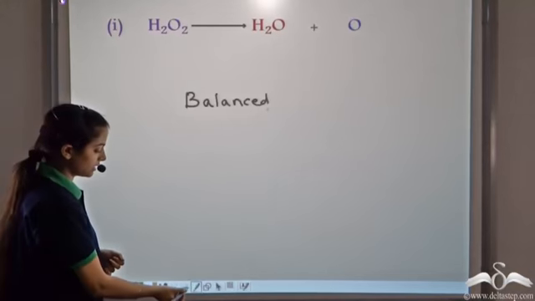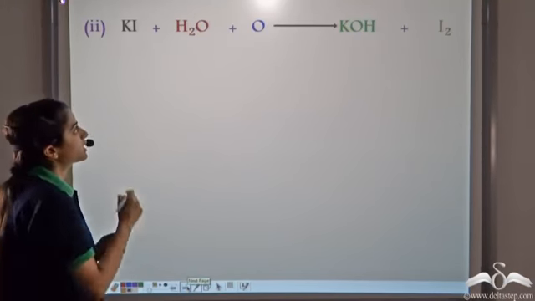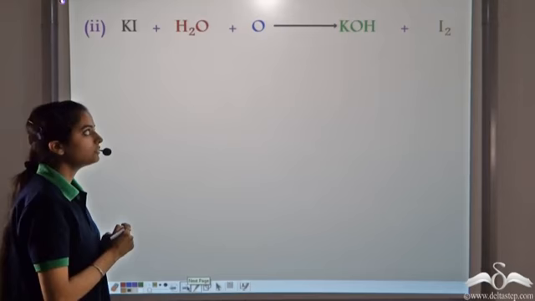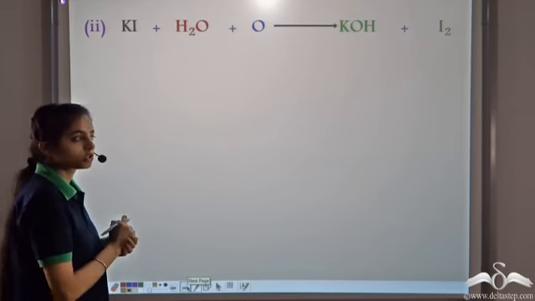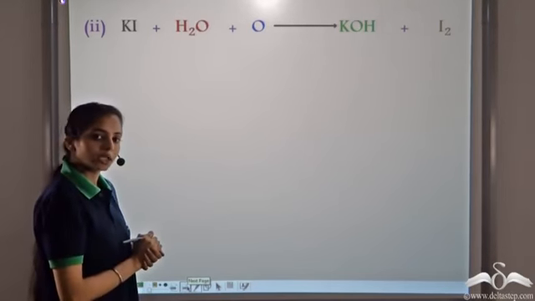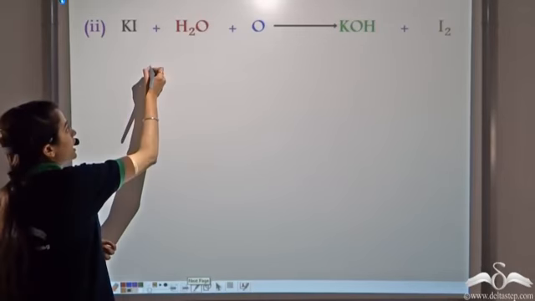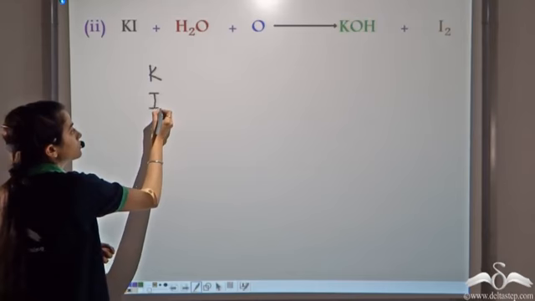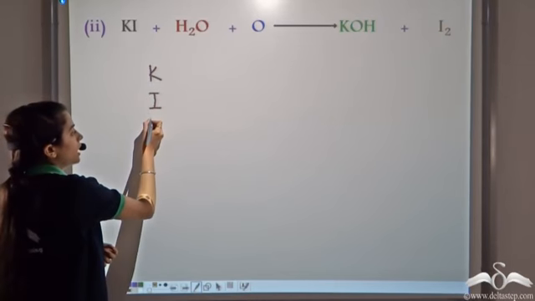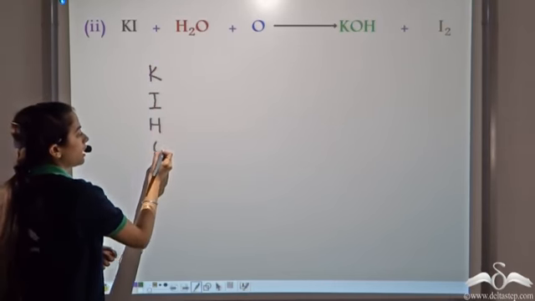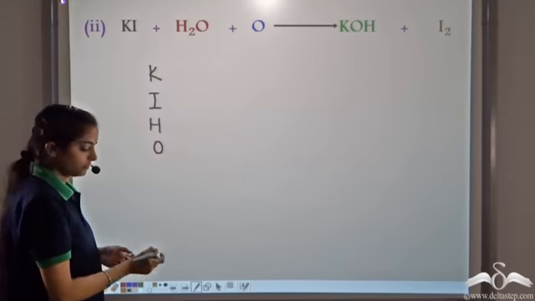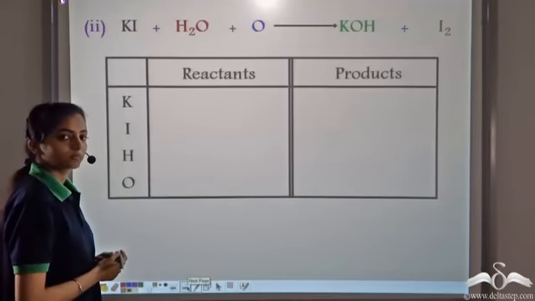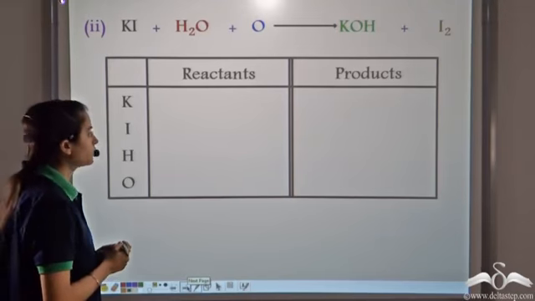Now let's look at the second equation. We have KI reacts with water plus nascent oxygen to form KOH plus I2. Let's write the different atoms present here. Potassium, iodine, hydrogen and oxygen. Now let's count the number of atoms.